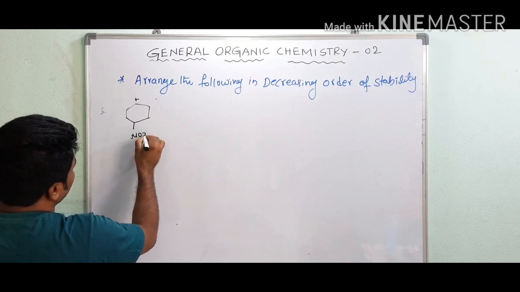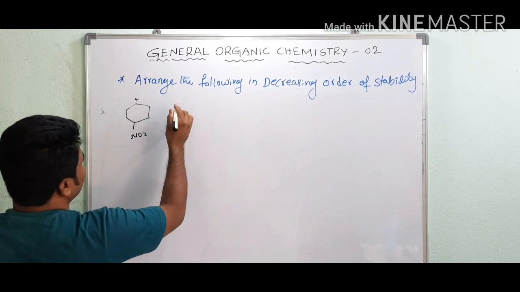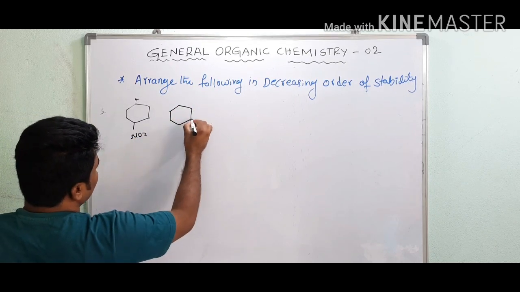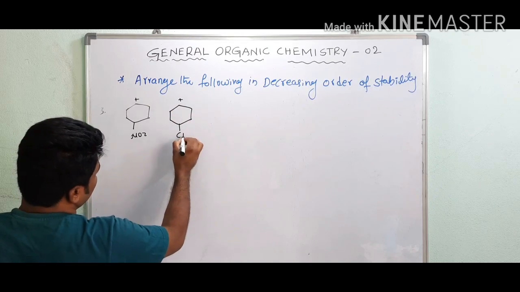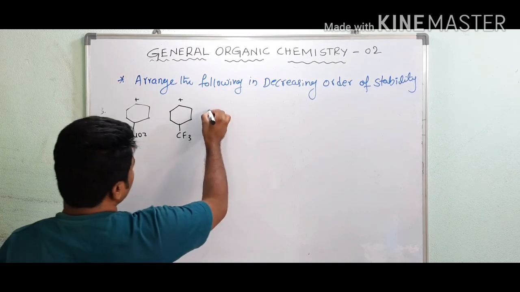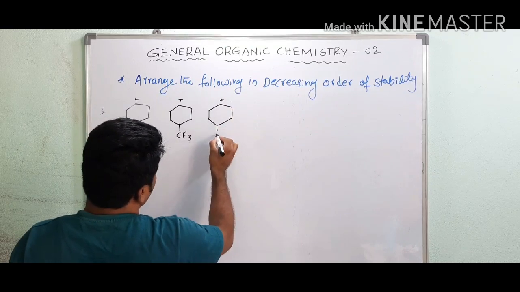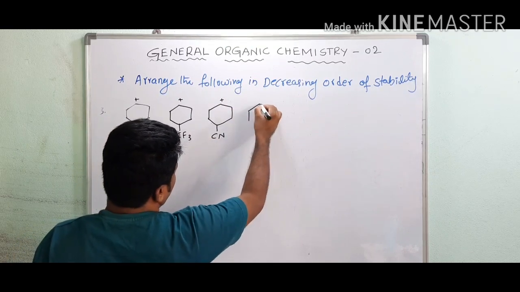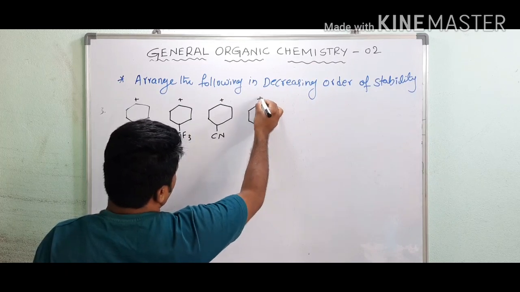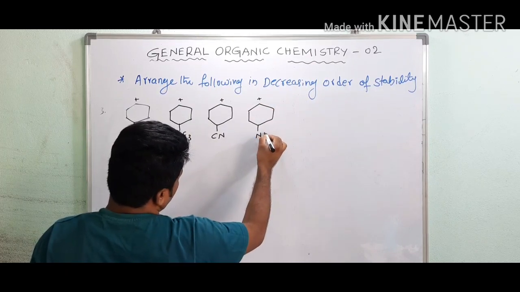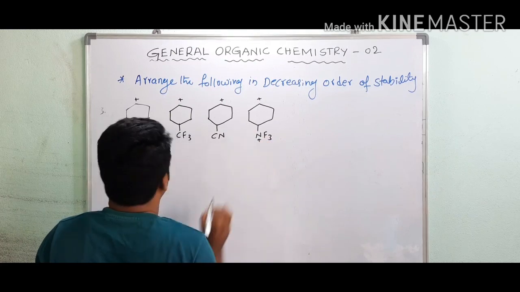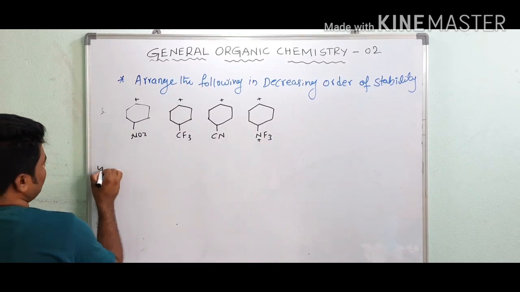Here NO2 group, positive charge, CF3, cyanide, plus, NF3 plus. Third question.